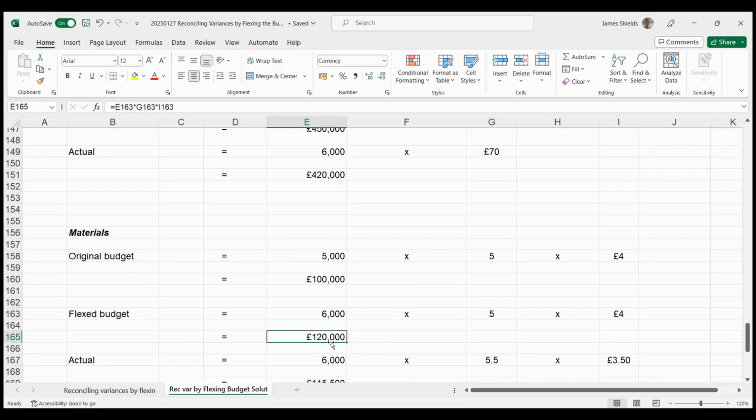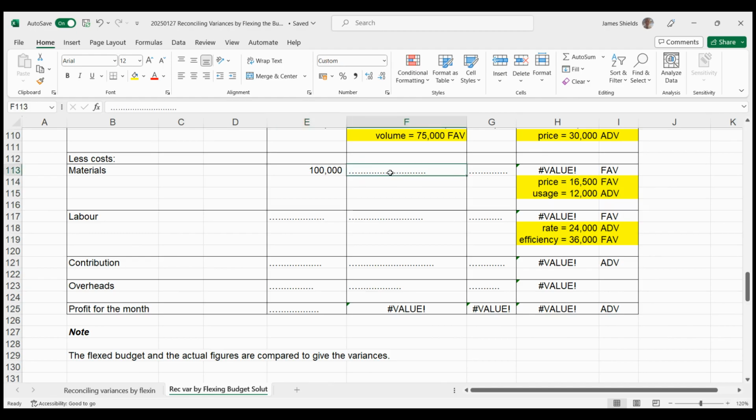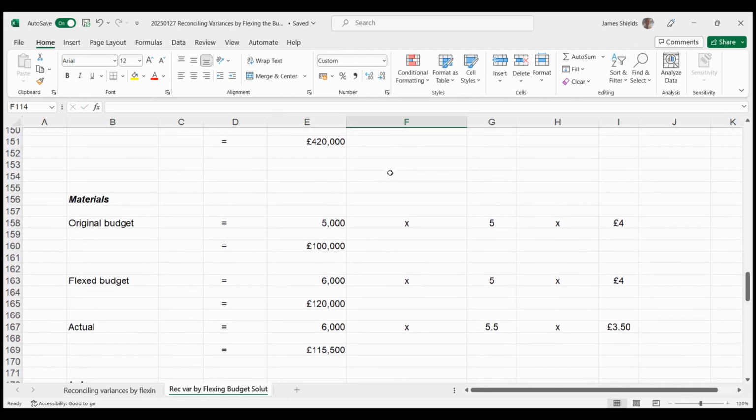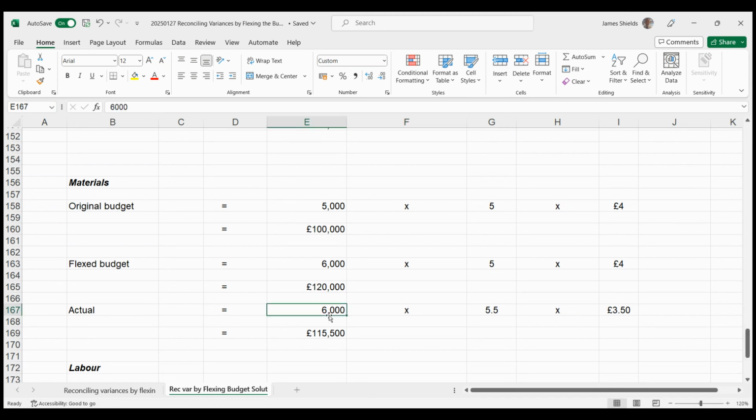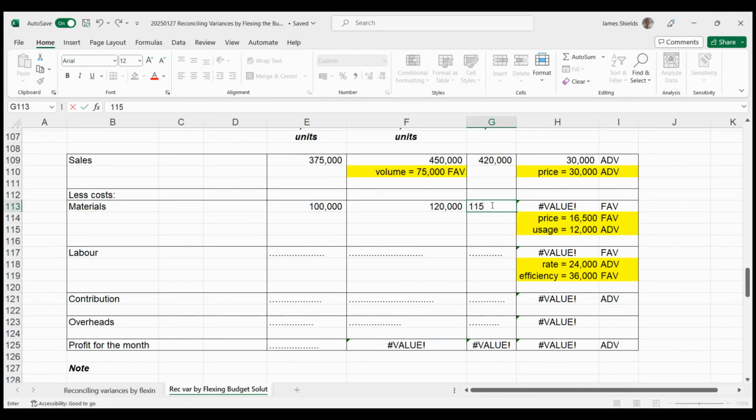That gives us £120,000. Then the actual was 6,000 units times 5.5 metres times £3.50, which gives us 115,500.